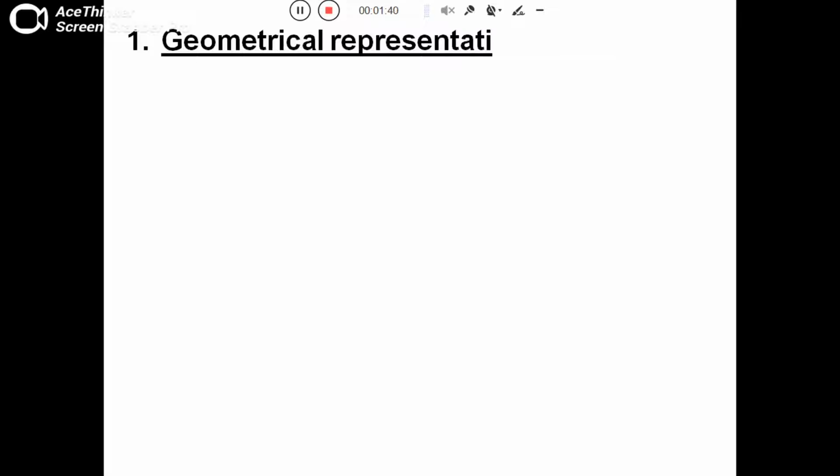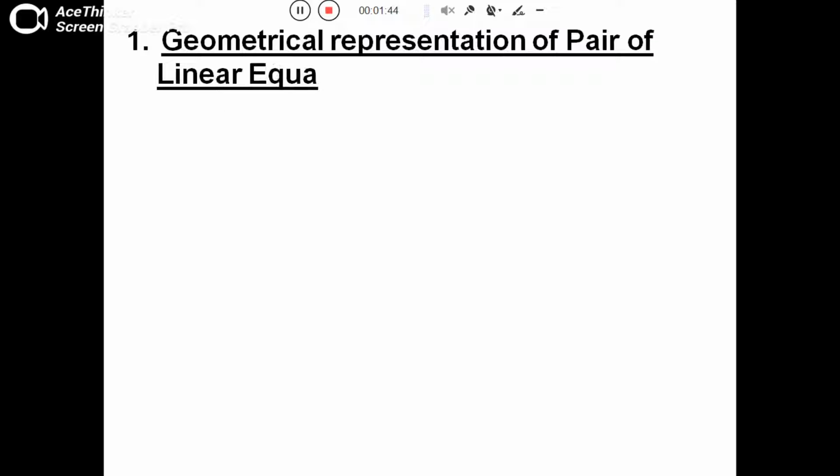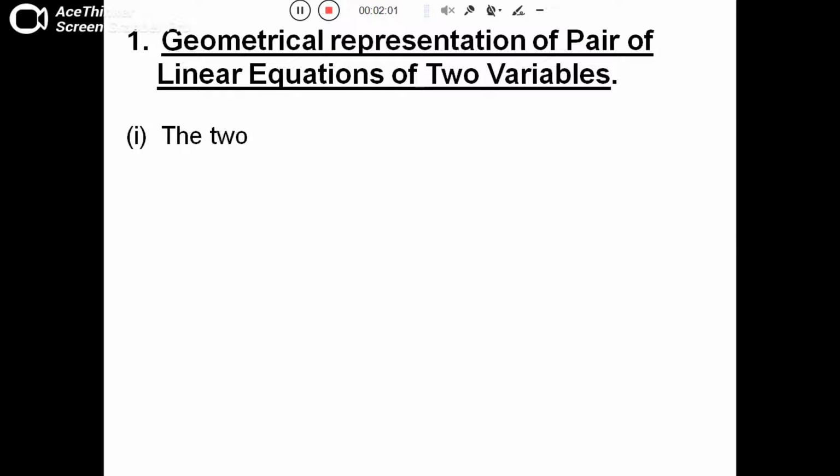In the geometrical representation of pair of linear equations in two variables, as in the last session we have discussed a few things related to this geometrical representation. Those things we are going to learn here in a new form. Let us see what these are.